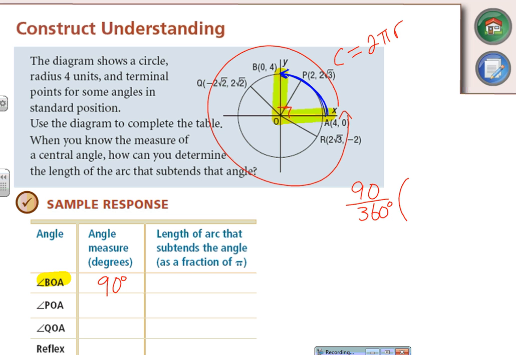This is the arc length of AB, or BA, whichever way you want to write it. So we've got 90 over 360, the portion, the percentage of our rotation around, times 2 pi, and the radius was 4. Let me plug it in. That gives us 1/4 of 8 pi, which is 2 pi.